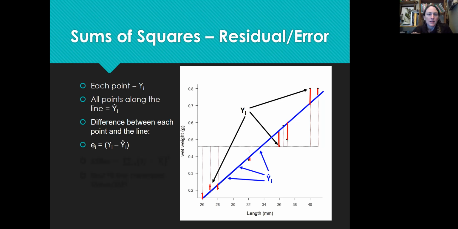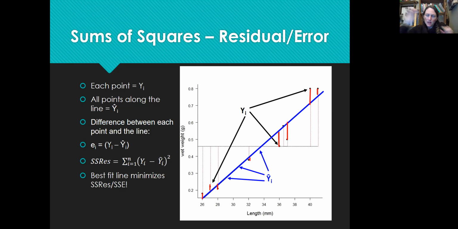It would be the sum from i equals 1 to n of every value y sub i in your data set minus the predicted value of y on the line for that same value of x. Then you would square all of those and add them all up. This gives you how much error, how much noise there is around the line.